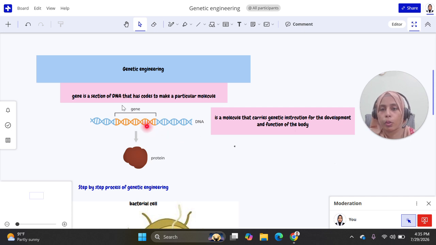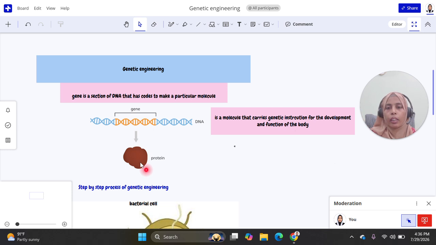Now comes the gene. DNA is organized into sections. So a section of DNA is called a gene. As you can see in the picture, a section of DNA is called a gene. The gene carries codes. The gene carries the codes or the information to make a specific molecule. For example, a protein that is needed by the body, right?